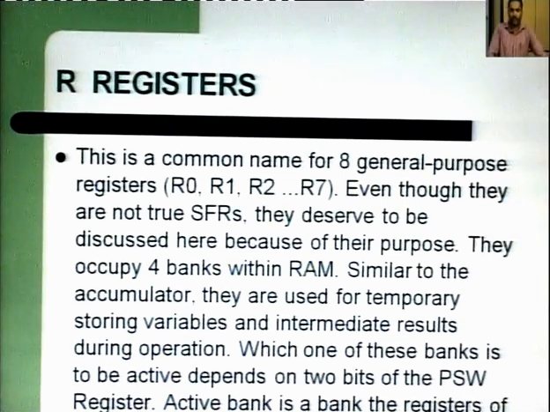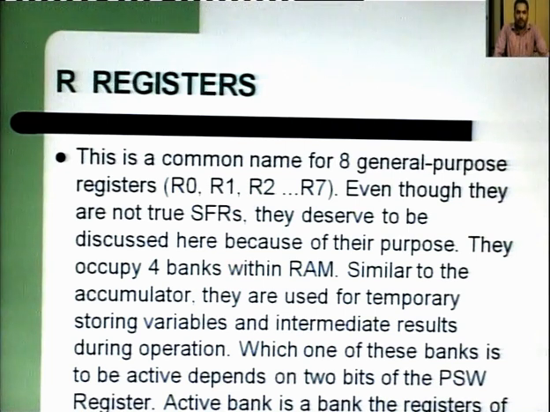Next architectural feature is the R registers. As I told, these are the lower 32 locations of RAM, the common name for 8-bit general purpose registers. They are commonly known as R0, R1, R2, or R registers. Even though they are not true special function registers, they serve the same purpose, as general purpose registers.